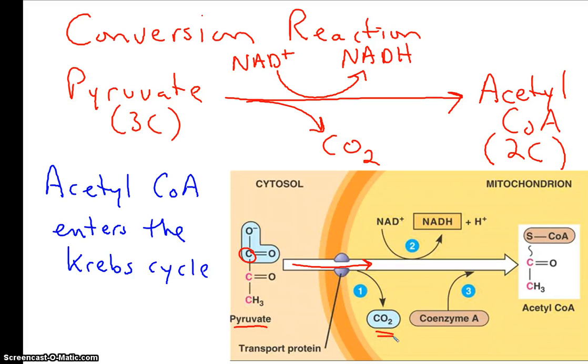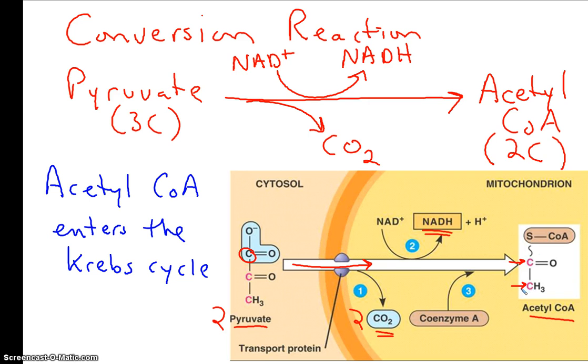And one quick thing: remember, for every molecule of glucose that we started with, we have 2 molecules of pyruvate because it's been split into that 3 carbon. So there would actually be 2 molecules of CO2 released here. And in the process, we make a little bit more NADH, which, if you recall, is an electron carrier. And we end up with acetyl-CoA, which is a 2-carbon molecule.